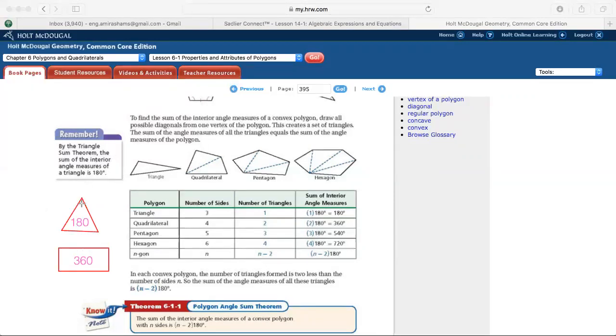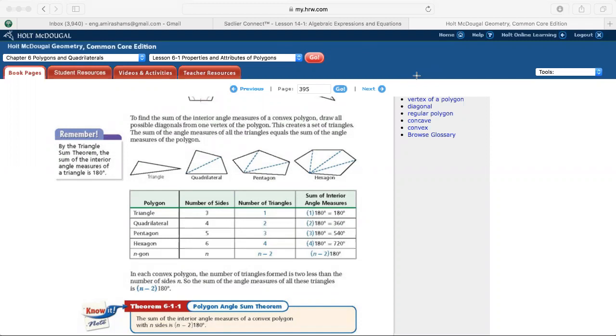Girls, back here in this part, this angle plus this angle plus this angle makes 180. This angle plus this angle plus this angle plus this angle makes 360. So here I want to know the measure of angles of any polygon.